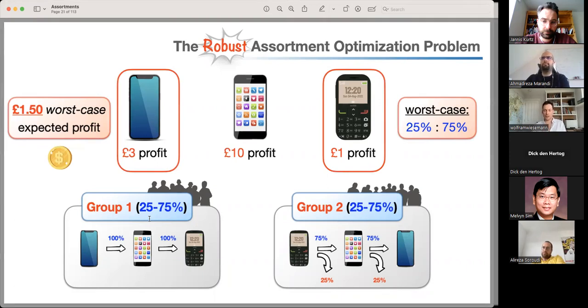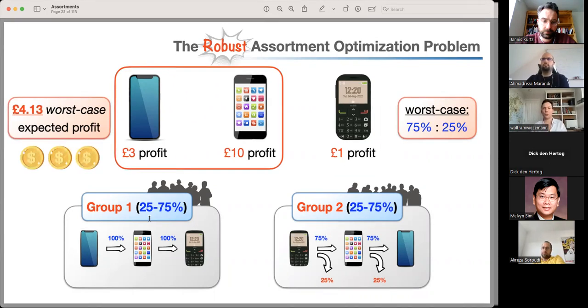The assortment containing the first and the last product has its expected profits drop from £2 to £1.50. And the new robust optimal assortment is now the assortment containing the first two products. It originally, under the 50-50 group proportions, had expected profits of £5.25, and now it has worst-case expected profits of £4.13.